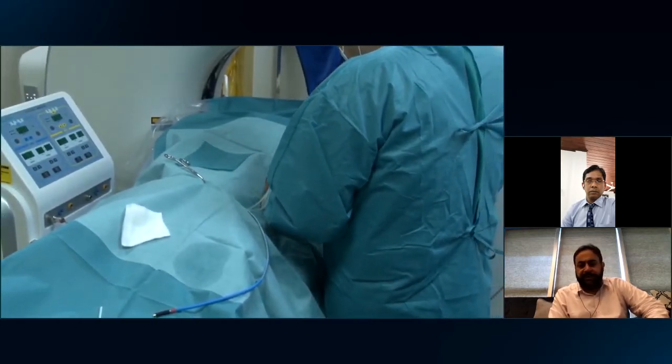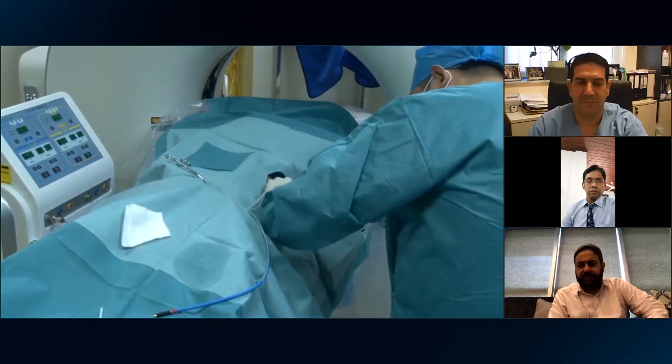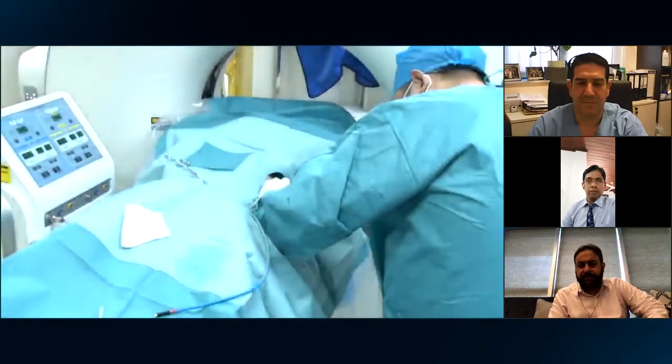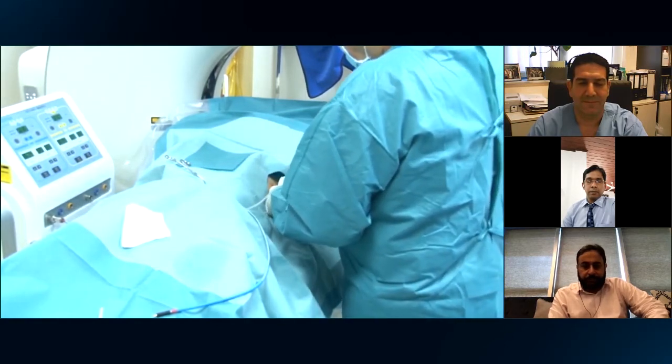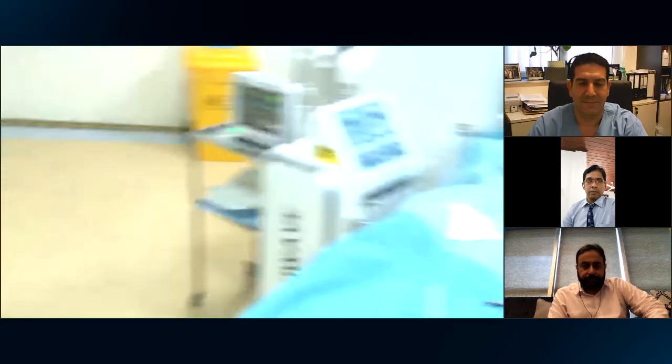So is it a standard for you to go for a 10 millimeter margin around the tumor? Is that what you always target? So you consider the ablation size much bigger than the size of the tumor, right?